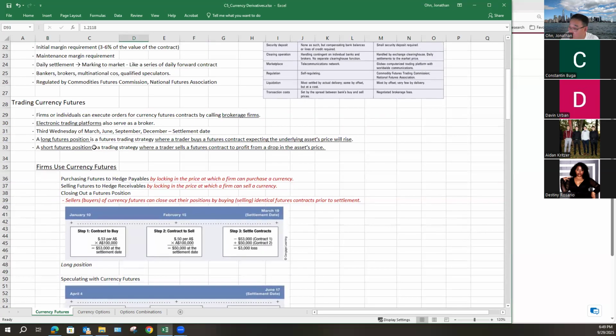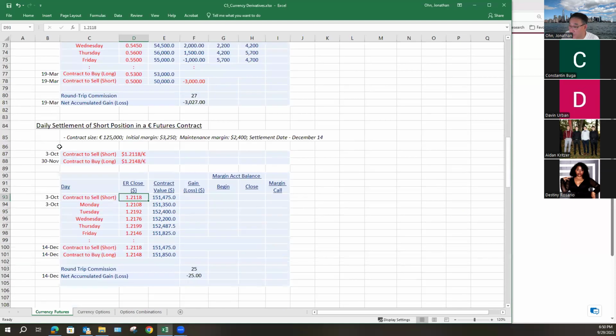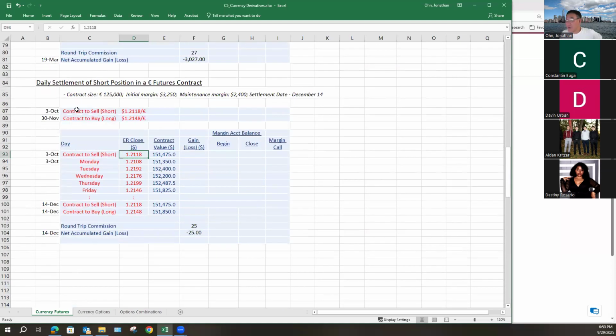You get into a short position when you expect the euro value will depreciate in the future. If you project that the euro will depreciate in the future, then you get into a short position, and this happened. So you have this one here, right? All right.